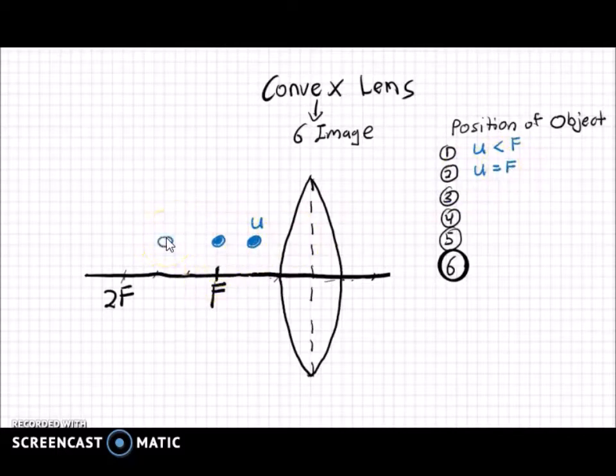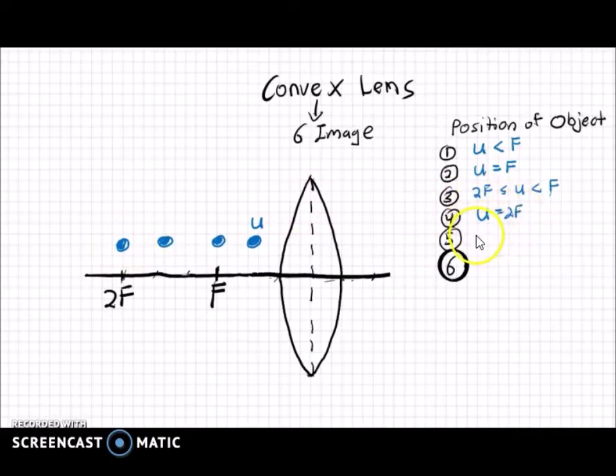The third object falls in between F and 2F, in between the focus point and the double focus point. The fourth image forms when the position of the object falls exactly at 2F, so U equals 2F.